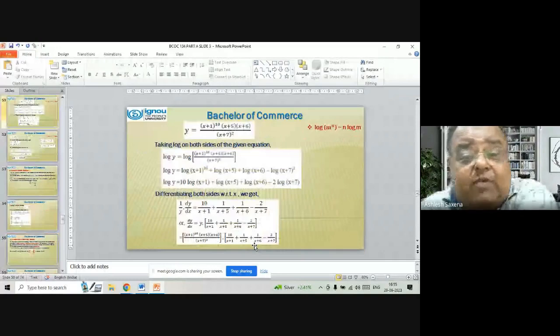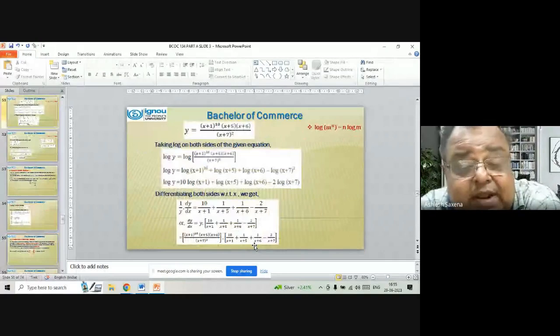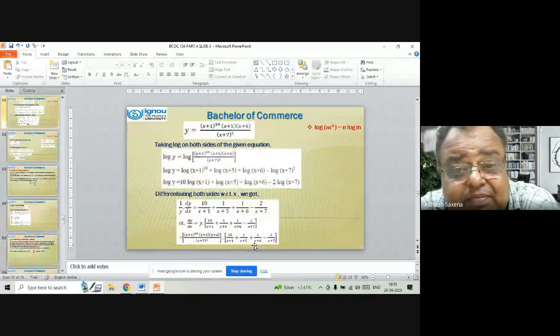Another composite form of how the differentiation can be done. Straight away looking at the problem, you can see that it has numbers, and it is in the form of x by y.